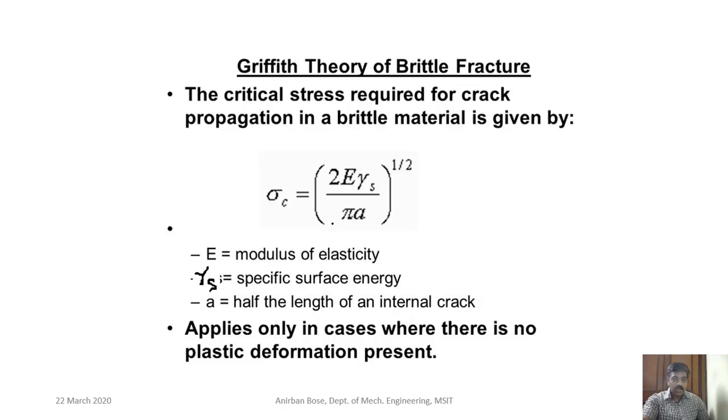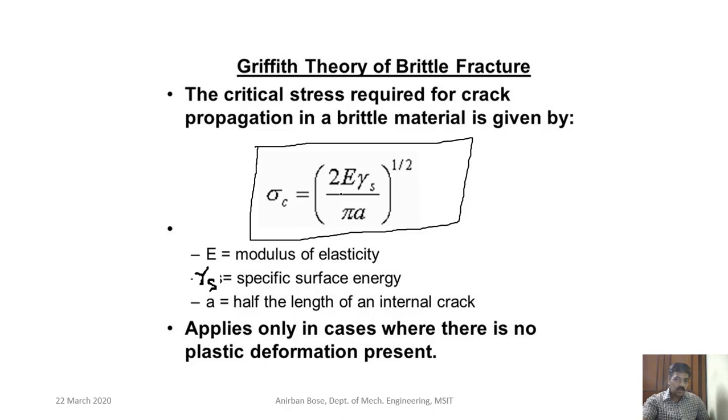Here you can see a guideline for how we can find this critical value, and that is what is called Griffith's theory of brittle fracture. So sigma c, the critical value, can be found from this equation.